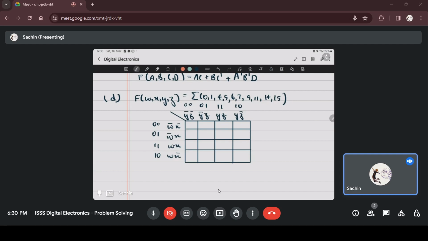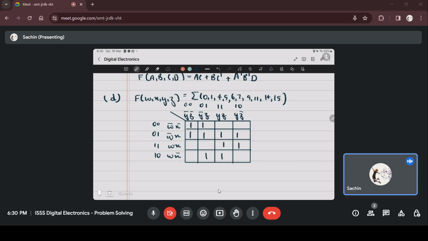Now let us fill in the K map. That's 0, 1, 4, 5, 6, 7, 9, 11, 14, 15.